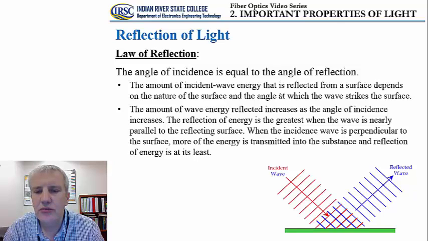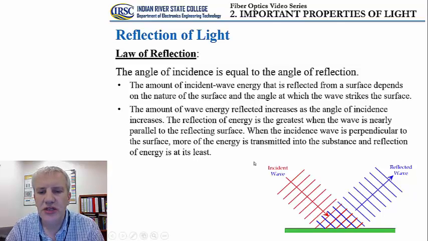So we have a medium above the surface, and we also have the medium below the surface, shown here in the green color. The incident wave, as it's propagating, is going to hit the boundary between the two media, get reflected, and turn into a reflected wave, shown here in the blue color.